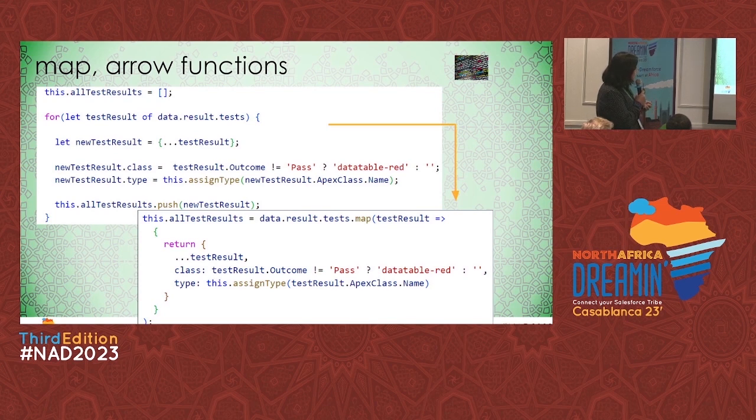It's something similar to the for, basically. And then I'm passing the function that is, and again, an arrow function. And what is going to happen to each element is going to first copy all of the properties and values to the new object, and then it's going to add the 2 new properties, that is class and type. So basically, the same as we had before, but we're using map.